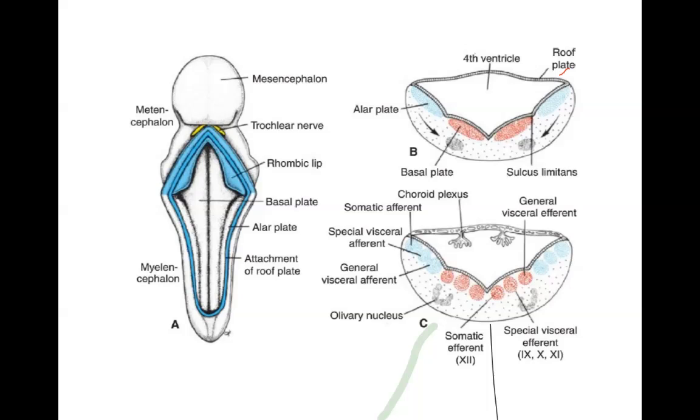But for those of you who are following my lecture and understanding it, if we look at the diagram on the left, we are now talking about diagram A. What they've done basically here is that they have exposed or taken off the roof of the fourth ventricle. And the margins, the red margin, the blue margins that you see, you can think about them as margins of the fourth ventricle, roughly speaking.